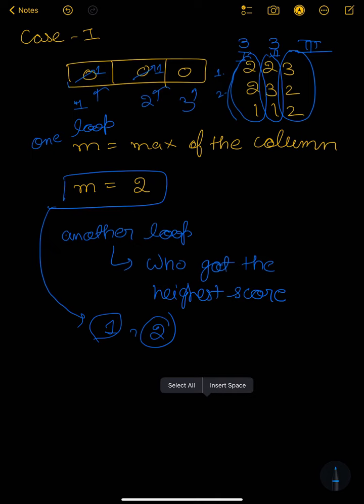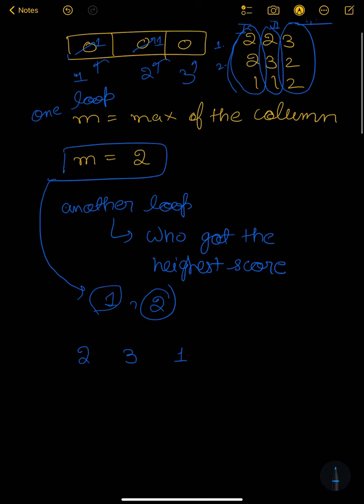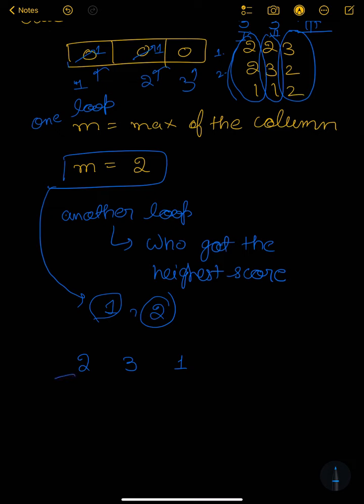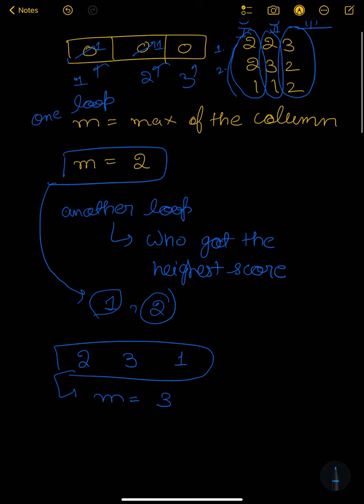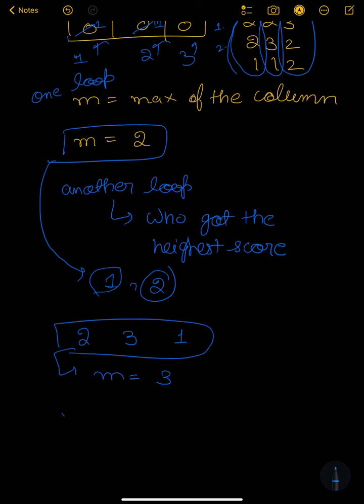Now we go to the second column. The values for the second subject are 2, 3, 1, and for this case m is equal to the highest score, 3. Who got this score?